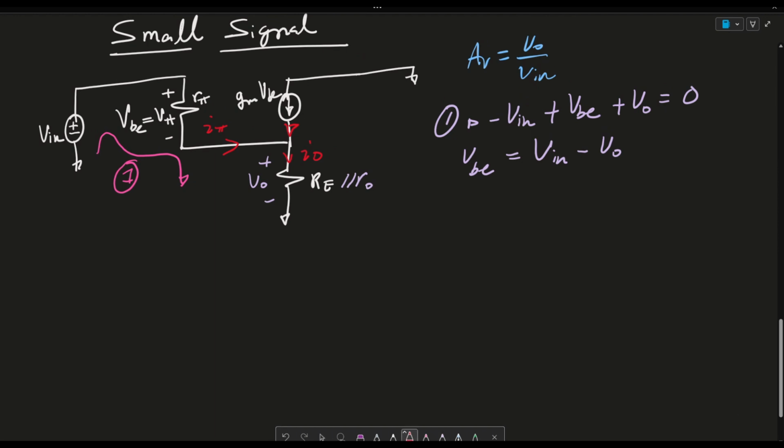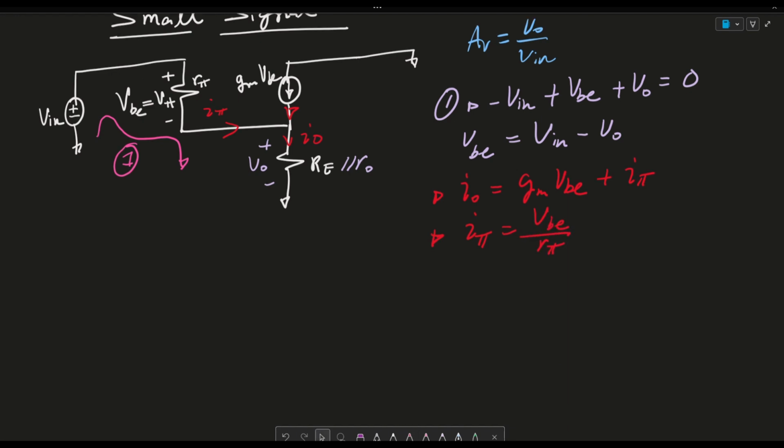I'm going to go ahead and write a KCL, including the currents. I'm going to consider that IO is equal to GM VBE plus I pi. Sub to that, I pi is simply VBE over R pi.